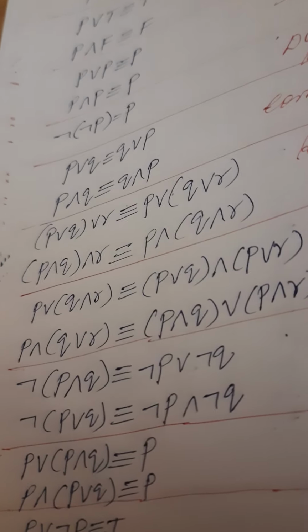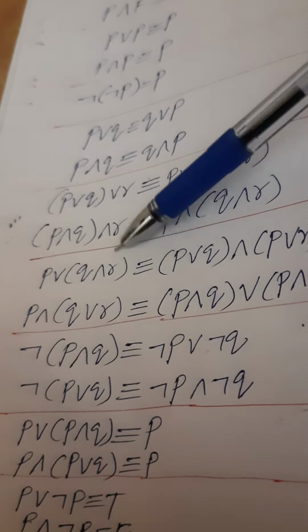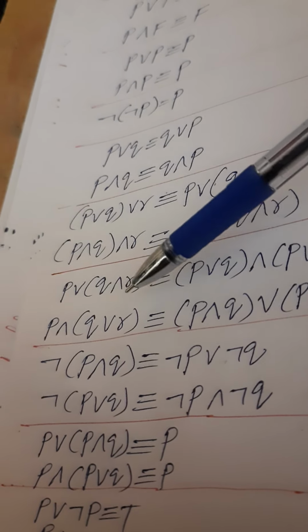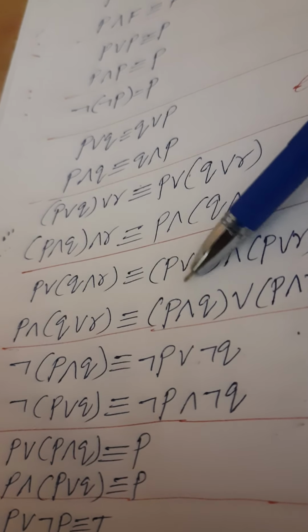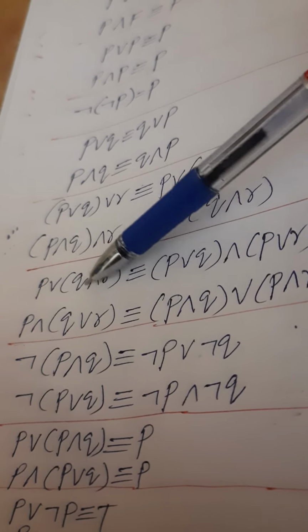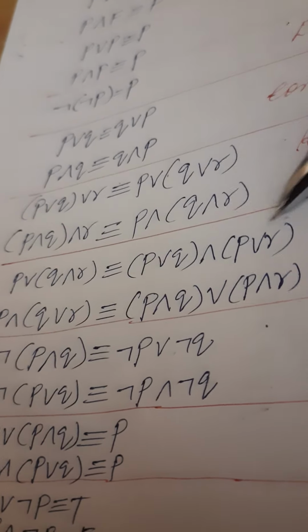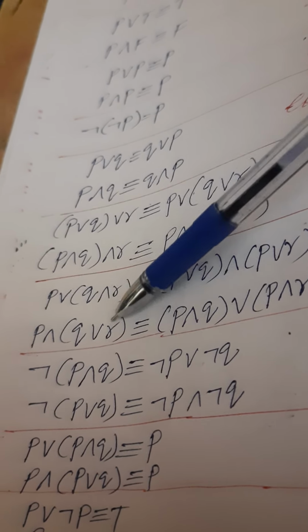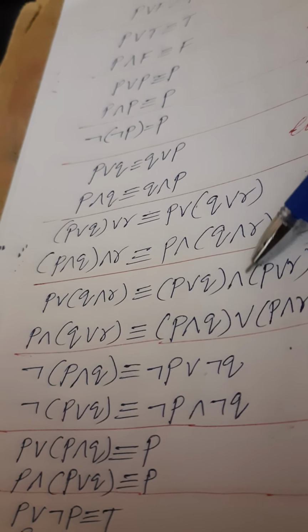Okay, next we will see distributive laws. Distributive laws, we have to remember like this. We will have a combination of disjunction and conjunction. Now how can we write? P disjunction Q conjunction P disjunction R. Whatever is coming in this bracket, it will come in between these two literals.